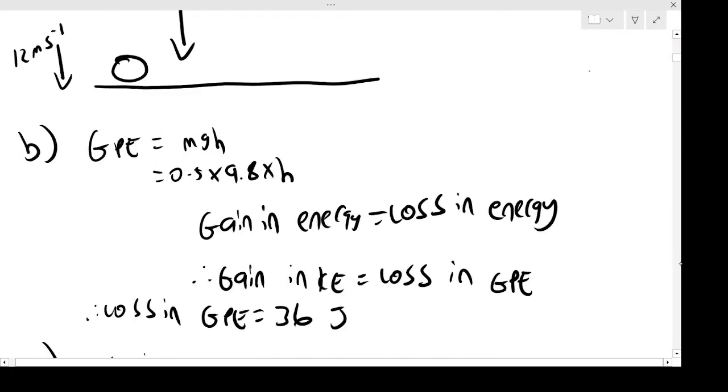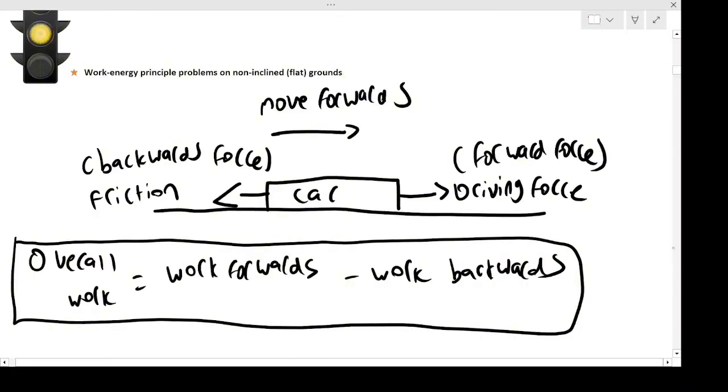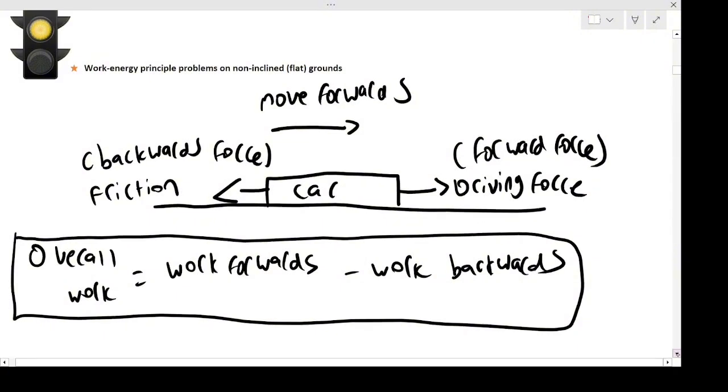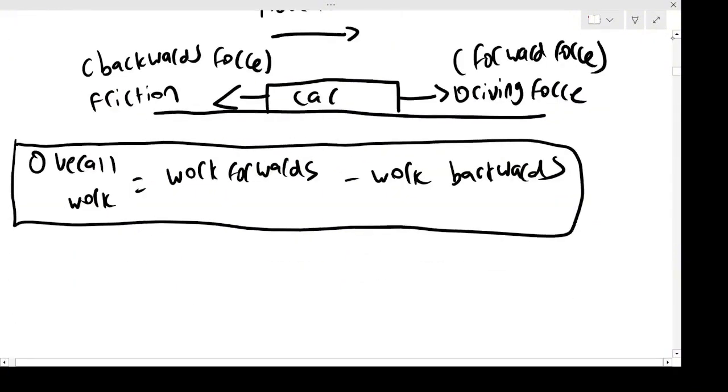What we've got now are forces acting on the object. We've got a driving force and a friction force. So now the situation's changed. There are forces on the object, and that means energy is not conserved.